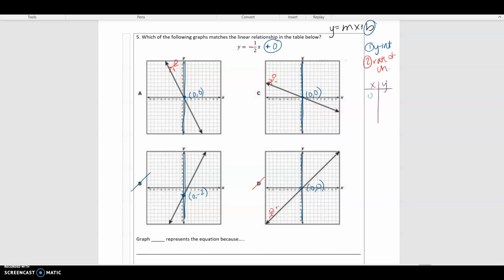We're going through 0, 0, and I'm going to say my x value is 2. So I'm going to plug it into my equation. All right, so I have -1/2 times the x value of 2 plus 0. Okay, so half of 2 is 1.